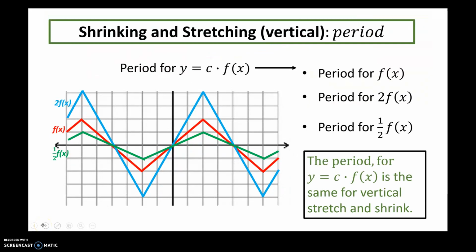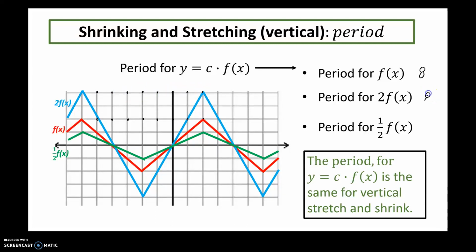Okay, so the period, now check out what's happening. I'll go from the original in red, and this is one that we already looked at. Period 1, 2, 3, 4, 5, 6, 7, 8. Period is 8. When I look at 2 times f of x, 1, 2, 3, 4, 5, 6, 7.